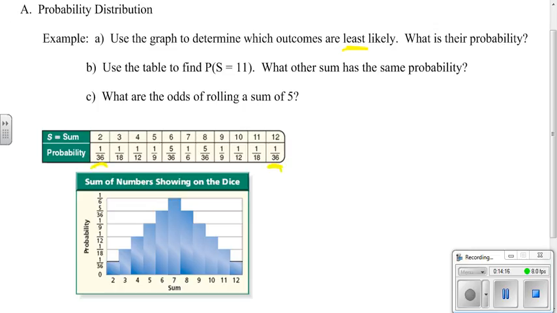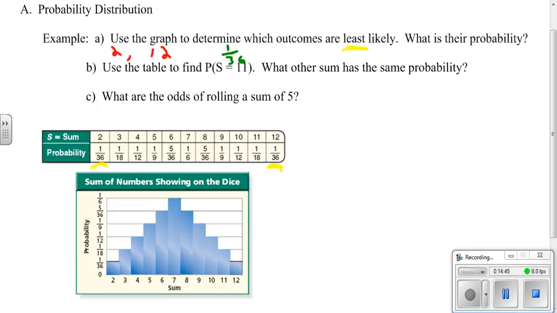If you look at the graph, you can tell because those are the shortest of all of the bars on the end. So the least likely ones are going to be 2 and 12. And then it asks, what is their probability? Their probability, as you can see on the table, is 1/36.